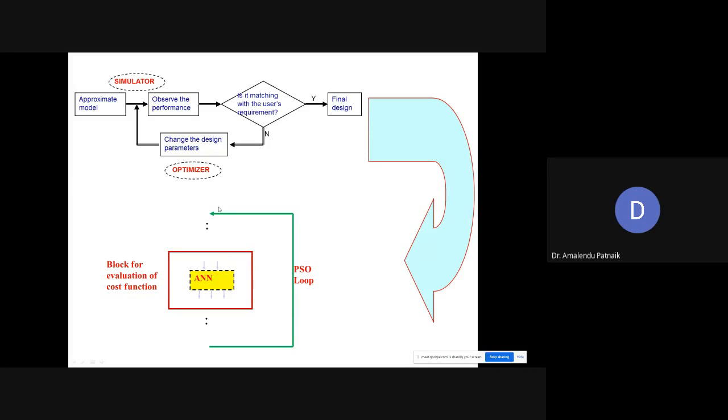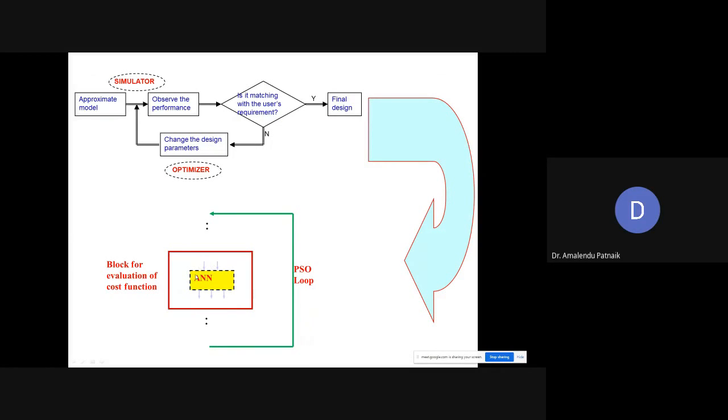And because the computation time of these optimizers is also very less, and the response time of ANN is very fast, you can develop a very fast design approach for antenna designing. Okay.